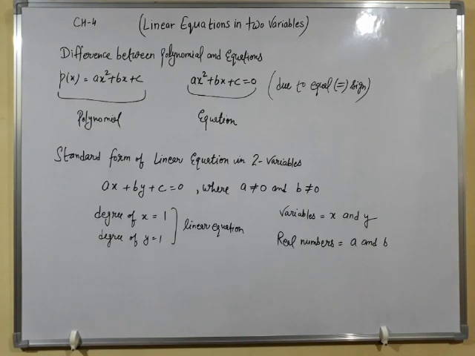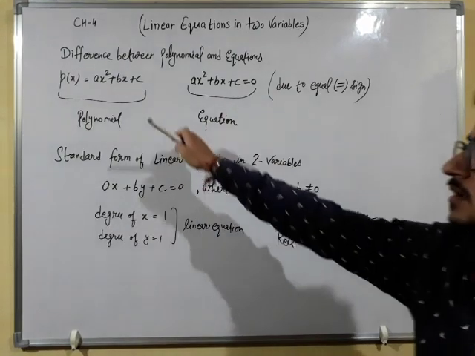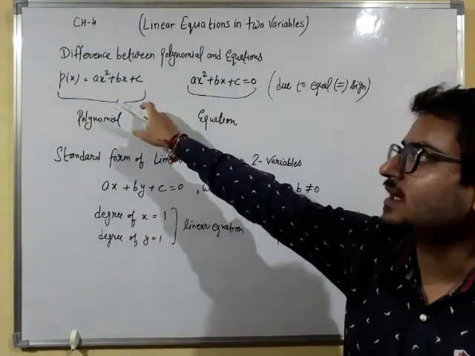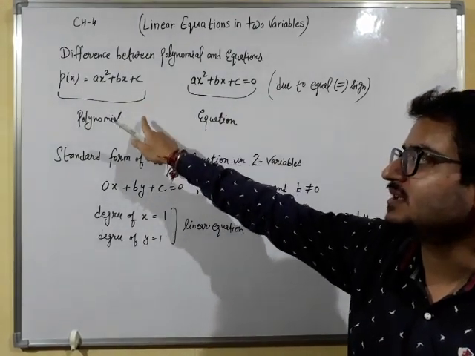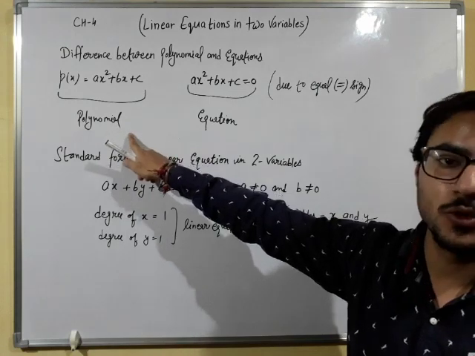Now we will understand the difference between polynomials and equations. We know p(x) equals ax square plus bx plus c is a kind of polynomial.